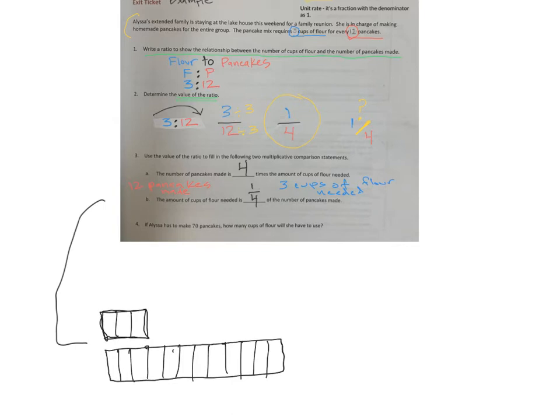So now we are showing our pancakes. Okay, and then our cups of flour. Let's just make sure we understand that that is flour, and these are pancakes. So right now we just got that from our information provided, 3 cups of flour for every 12 pancakes.